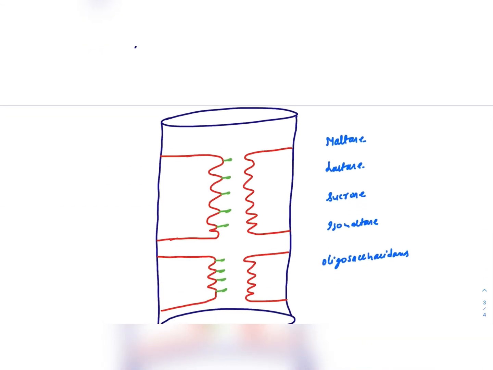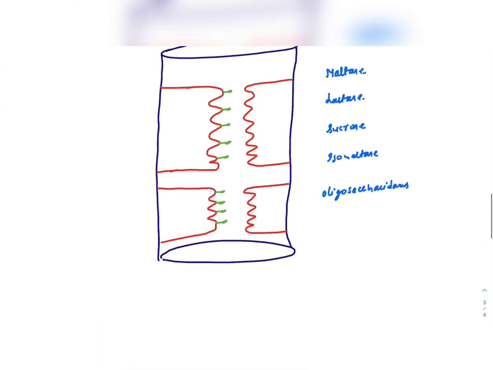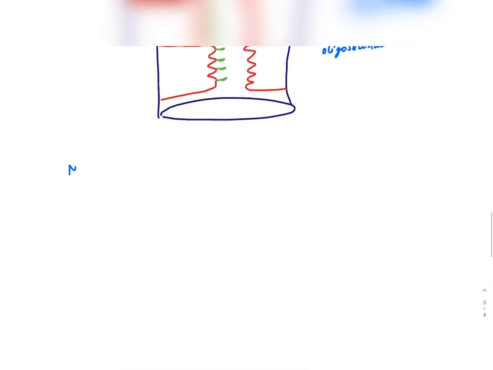Like, maltase enzyme will break down maltose into two glucose molecules. Sucrase enzyme will break down sucrose into glucose and fructose.